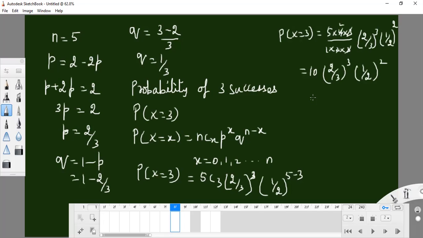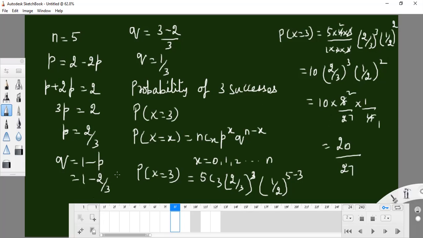So what is the value for this? 10 into 8 by 27 into 1 by 4. 8 by 27, 3 threes are 9, 9 threes are 27, into 1 by 4. So it gives 20 by 27.